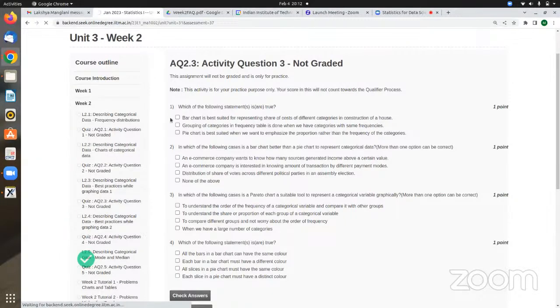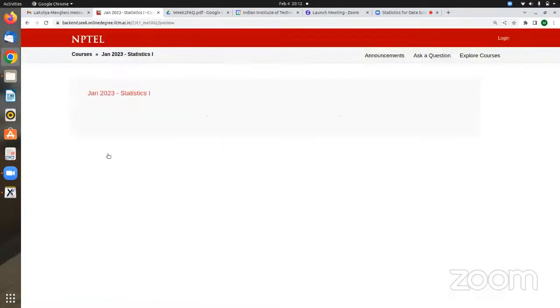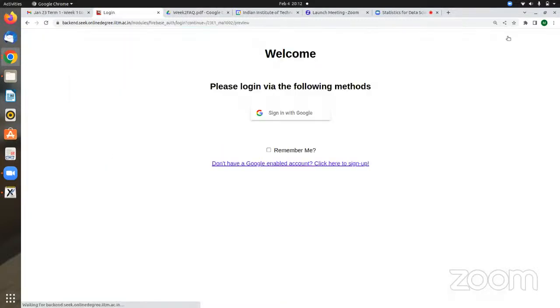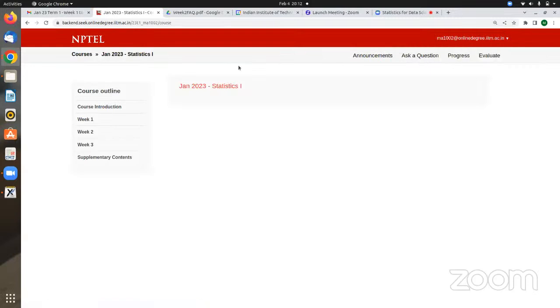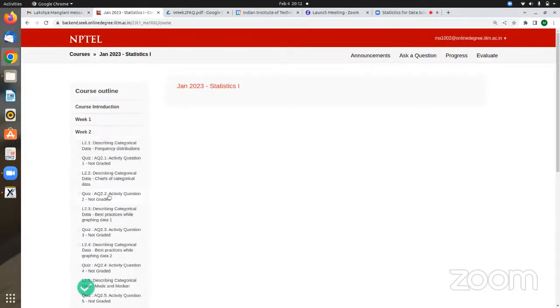The representation of a multiple select question is a square or rectangle box. When it is a radio button or circular button, it is an MCQ.